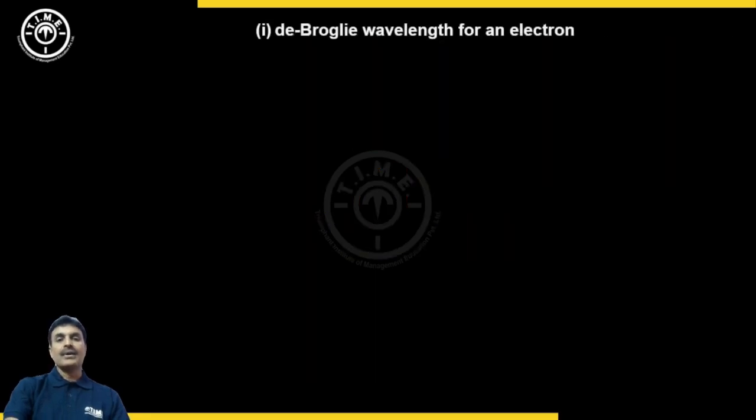Now, what is the de Broglie wavelength of an electron? See, if m is the mass of the electron and e is the charge of the electron, and it is accelerated by a potential V, then it attains a velocity v, right? Now, its kinetic energy, half m v square, can be given as eV from the work energy theorem.